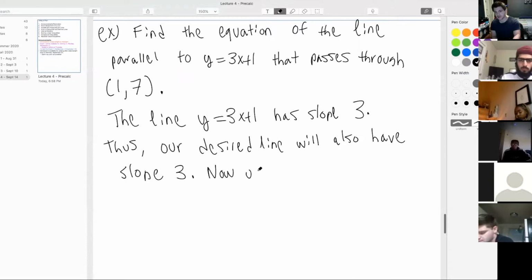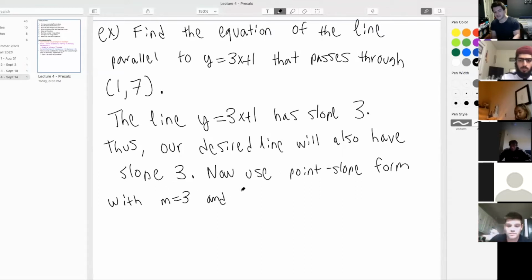So now it's just like before. We use point slope form with the following plugins: m equals 3 and (x1, y1) equal to (1, 7).